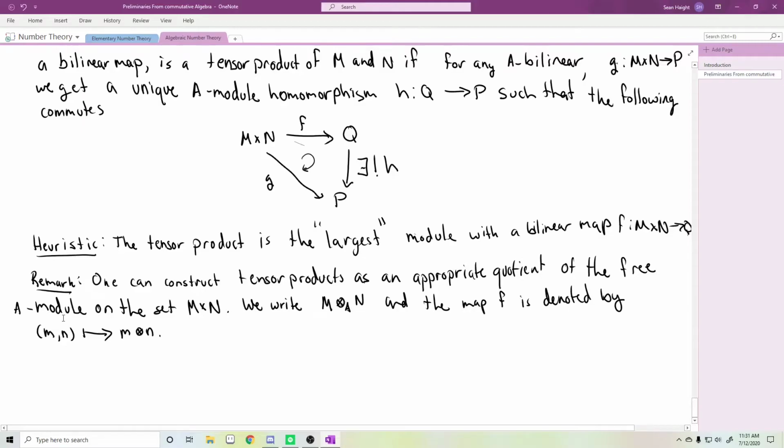If you go through this construction, this map F essentially embeds M cross N in this big free module, and then projects down to the quotient.